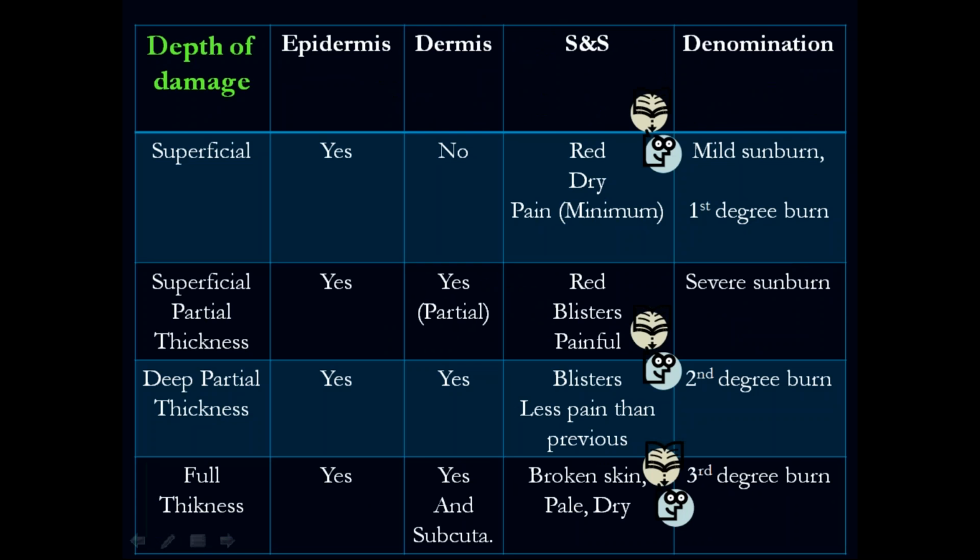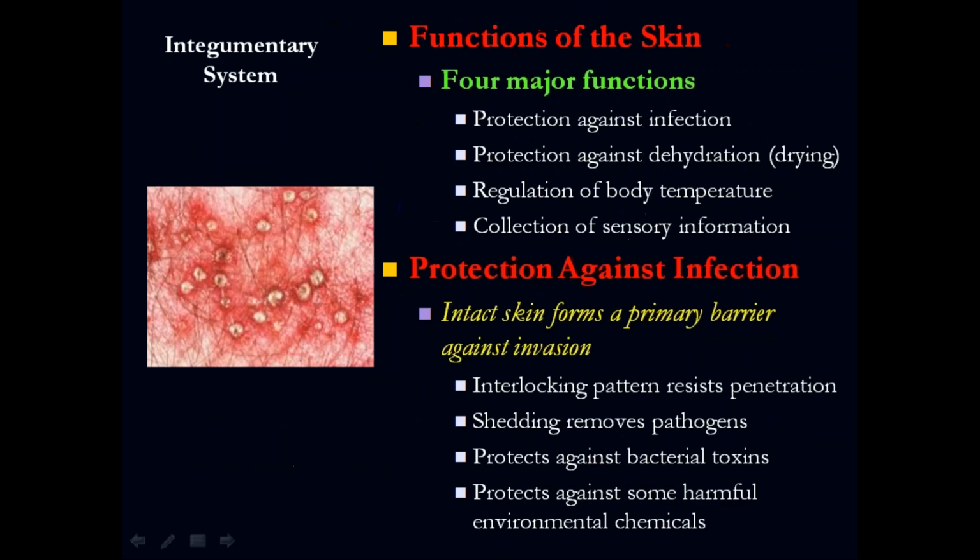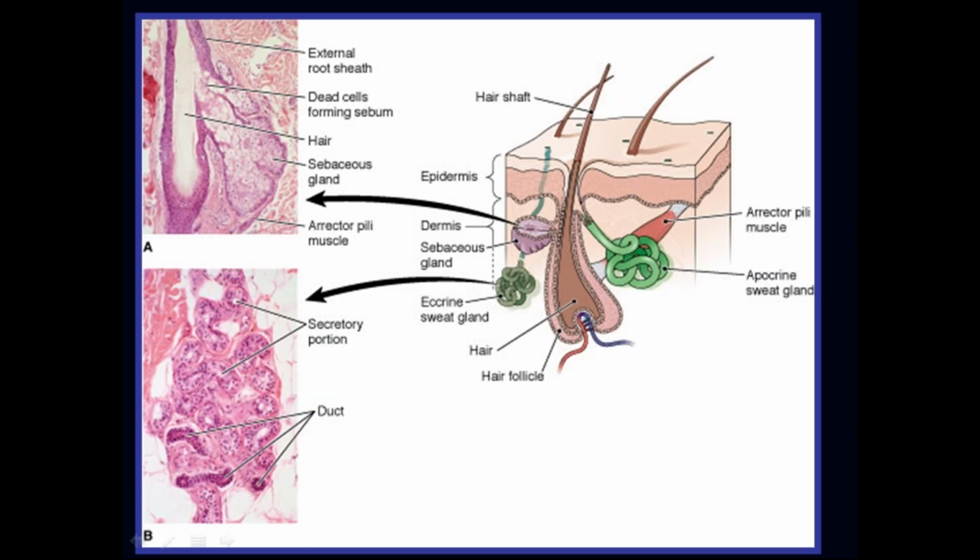By the way, I want the picture. Here we have the skin, and this is the epidermis. Look at this, the epidermis has all these layers. And below that we have the dermis. In the epidermis we have the melanocytes, which contain the melanin.